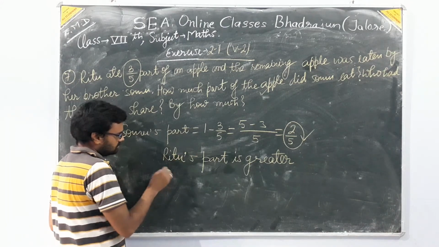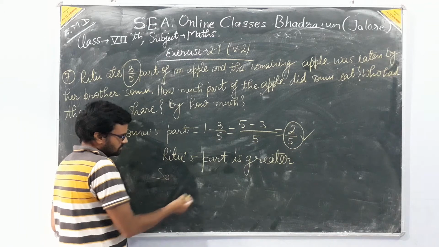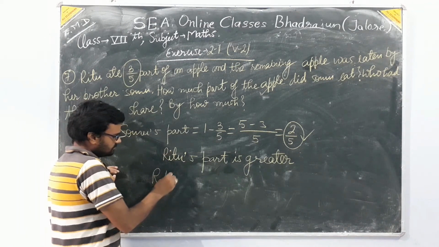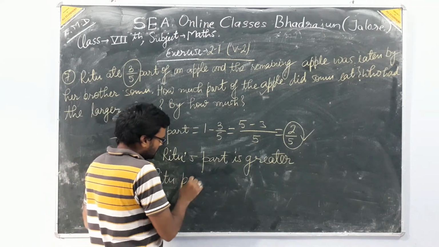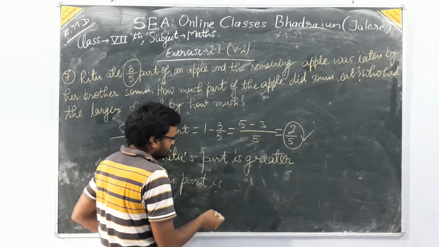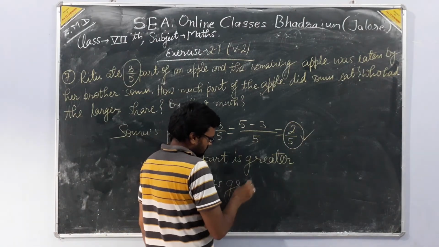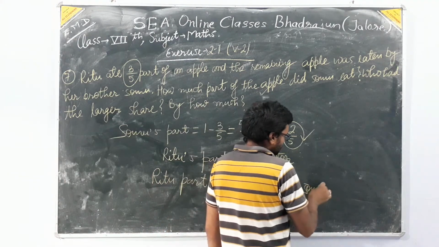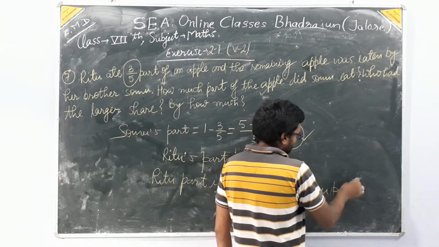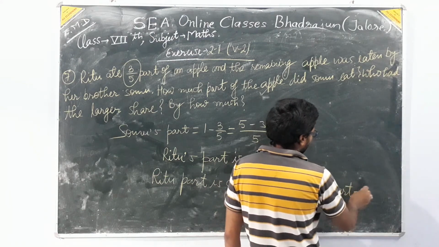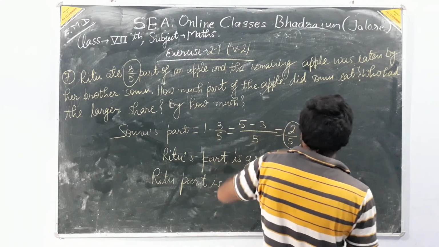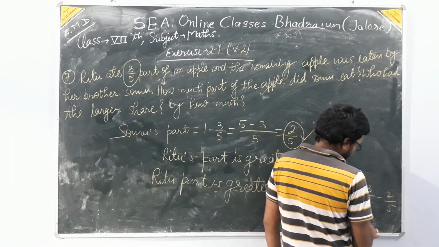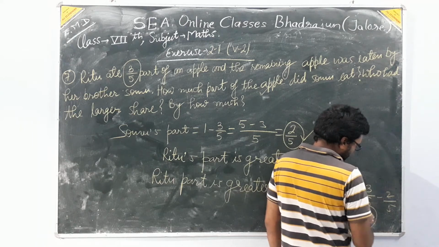So Ritu's part is greater than Somu's part by 3 by 5 minus 2 by 5, which equals 1 by 5.